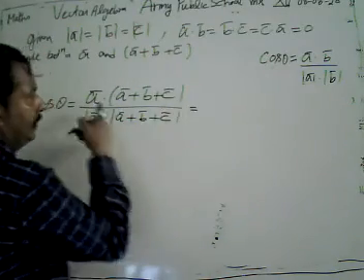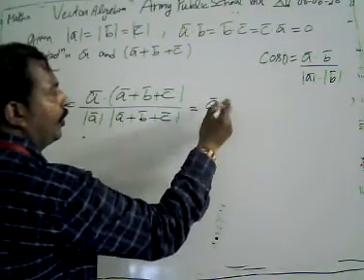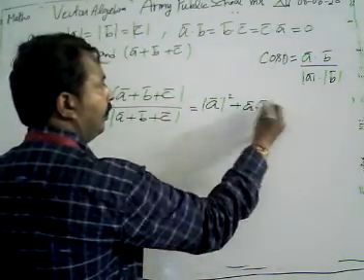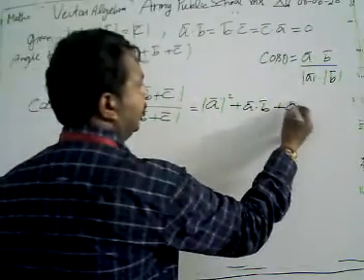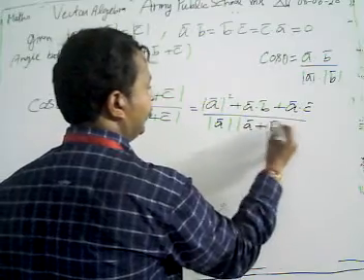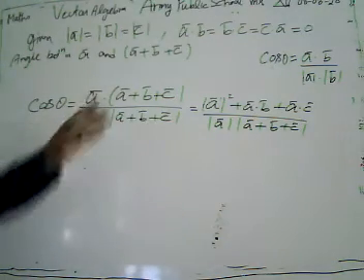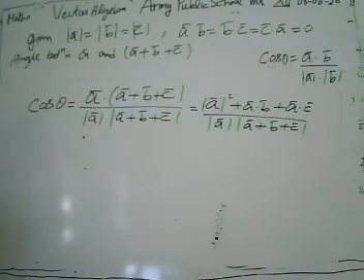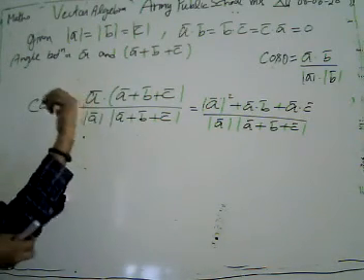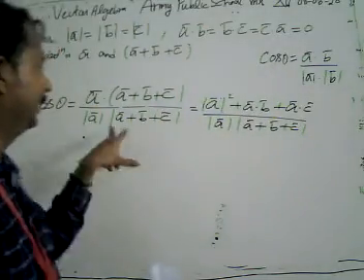Then we have A dot A, which is A square, or mod of A square, plus vector A dot B plus vector A dot C, divided by magnitude of A and magnitude of A plus B plus C. Using the formula, we know that the dot product distributes over a sum, so we have vector A dot A plus vector A dot B plus vector A dot C, then mod of A plus B plus C.